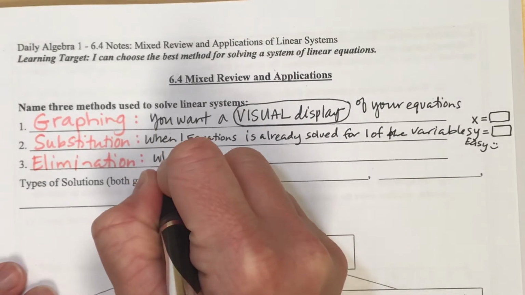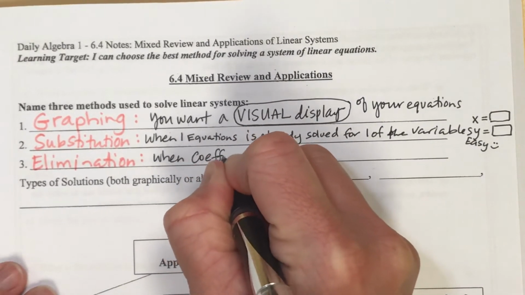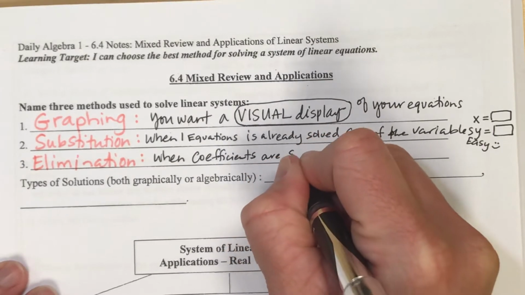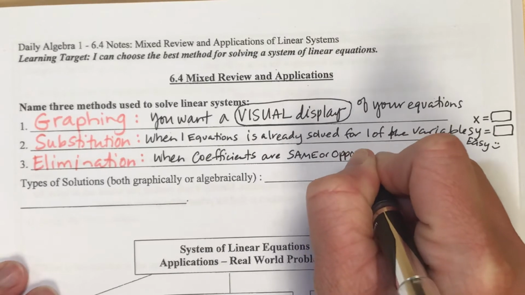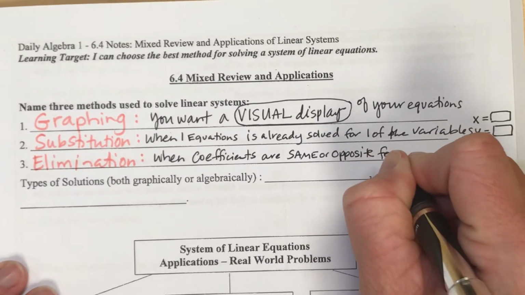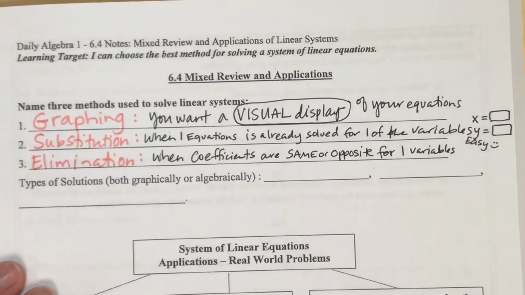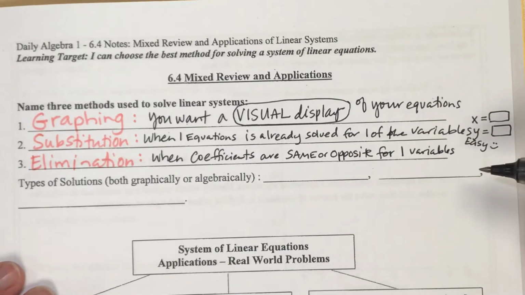So when the coefficients are the same or opposite for one of the variables, or if it's not as convenient, you could multiply your equations to get them to be opposite signs.